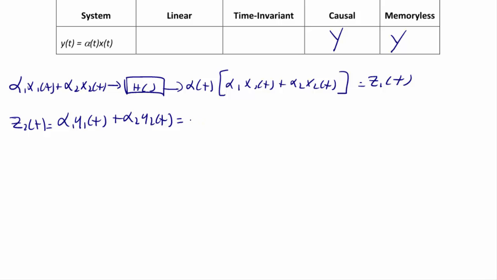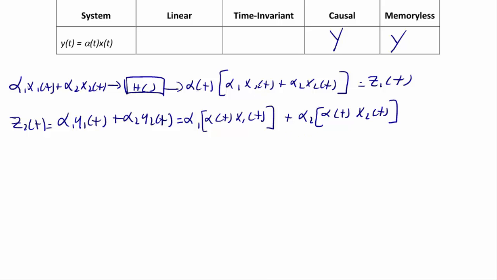So this equals alpha 1 times the output due to x1 of t, so that's alpha of t, x1 of t, plus alpha 2 times the output due to x2 of t, which is alpha t times x2 of t.